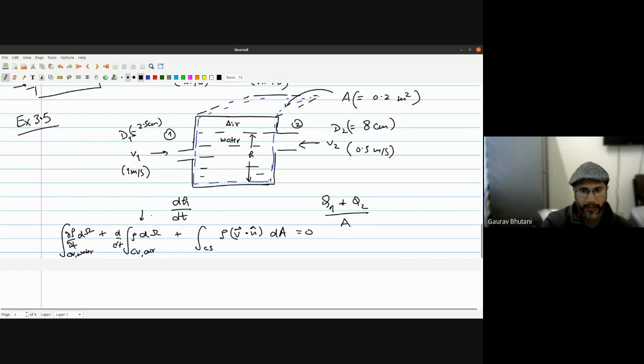That mass of air is not changing. You're simply compressing the air, because if you feed in more water, the air on the top will get compressed. So its mass is not changing. This term becomes 0, because rho times d omega integrated over the control volume for the air part is not changing with time.